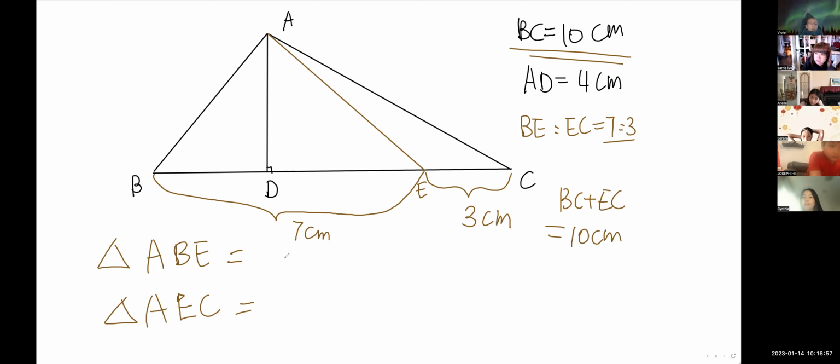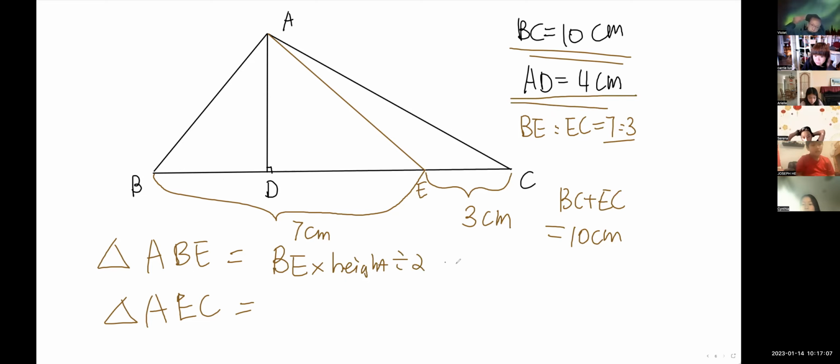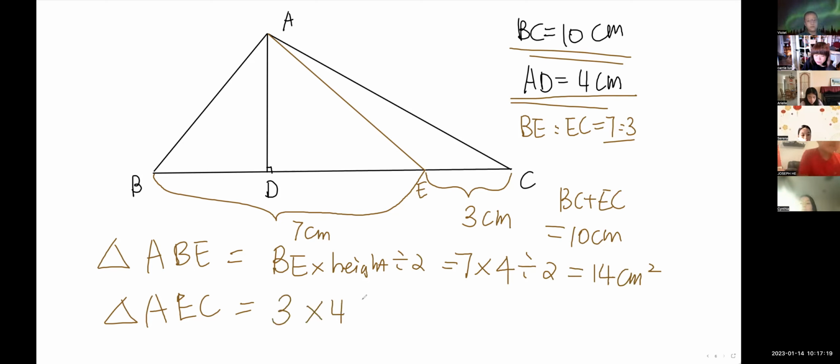So what is ABE? Very easy, Serena. BE times height divided by 2. Height is AD. So it's 7 times 4 divided by 2 equals 14 centimeters squared. The same thing, AEC is 3 times 4 divided by 2 equals 6 centimeters squared.